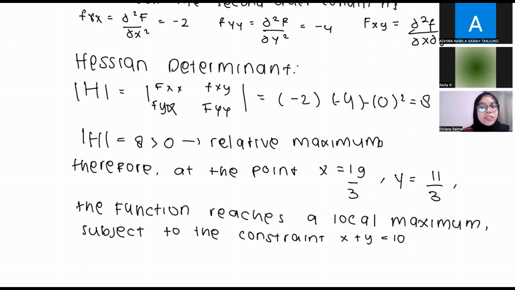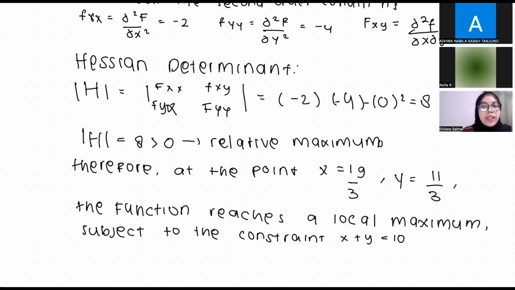Since H is greater than 0 and f double x is negative, this means we have a relative maximum. Therefore, the function reaches a local maximum at the point x equals 19 over 3 and y equals 11 over 3, subject to the constraint x plus y equals 10.